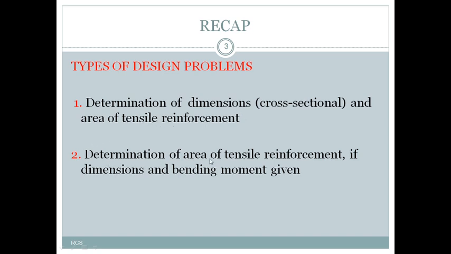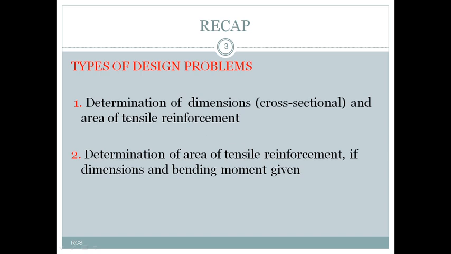The second type of problem is when the dimensions are predefined. According to the dimensions, we have to calculate the amount of steel required for that particular singly reinforced rectangular beam.